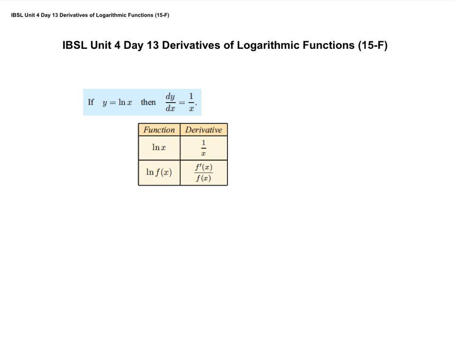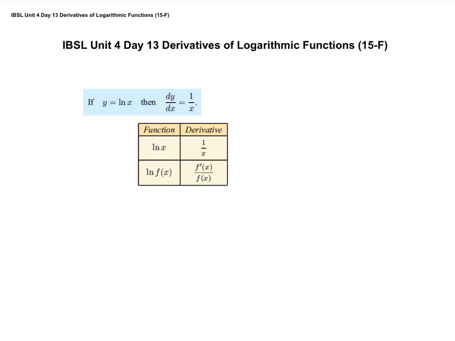If, however, you're taking the ln of a function, we have to use not the quotient rule, the chain rule. We have a function inside our logarithmic function, so we have to use the chain rule. Just to derive what we have here for the derivative, it says it's f prime over f.